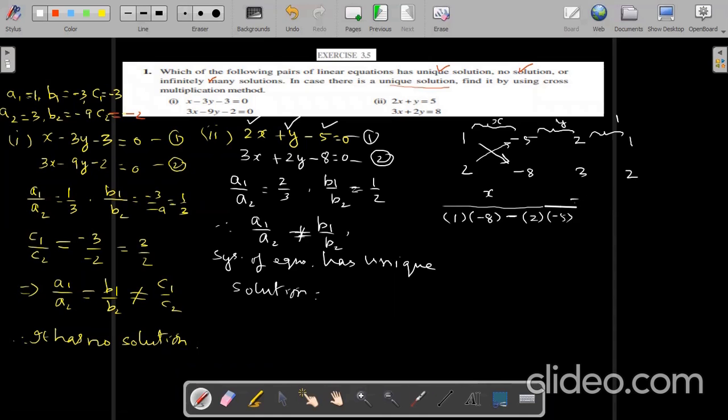Then y upon, multiply minus 5 with 3, minus 5 into 3, and minus is in the formula, minus 8 with 2, multiply minus 8 with 2.